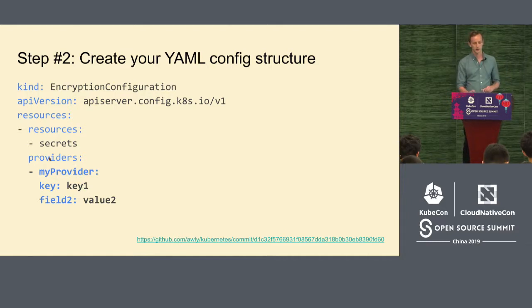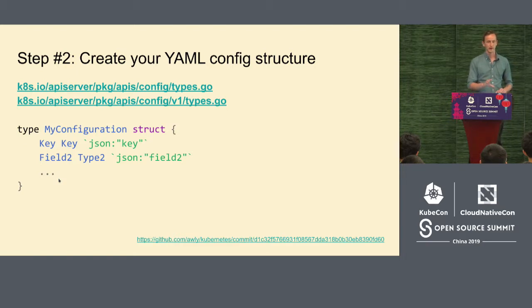So providers is just a synonym for transformers here. And here I sketched out what I want my transformer to look like. It has a key and a field of some other type as input. So now I convert that last chunk into a Go struct, into which I'm going to parse out the YAML. It should basically mirror the exact YAML object that you expect to get.